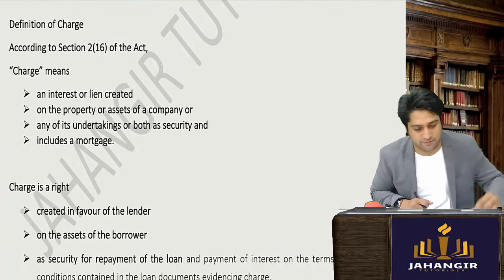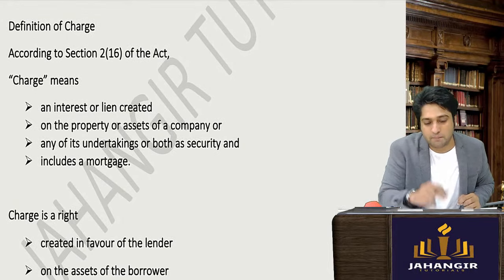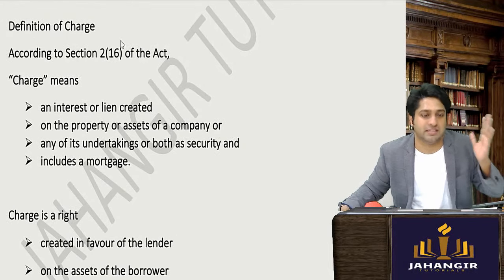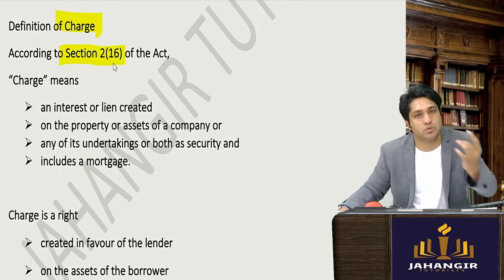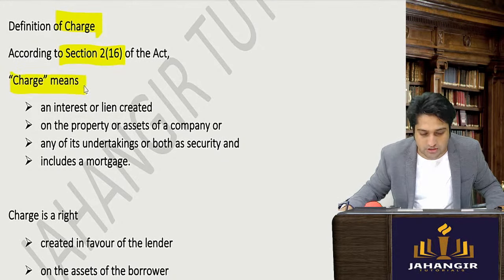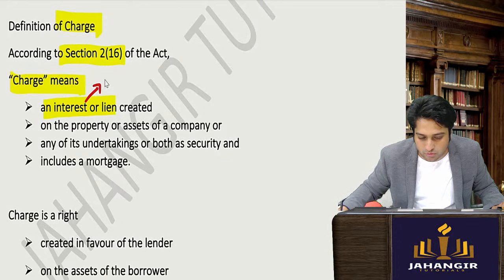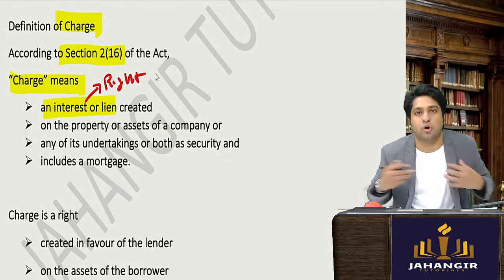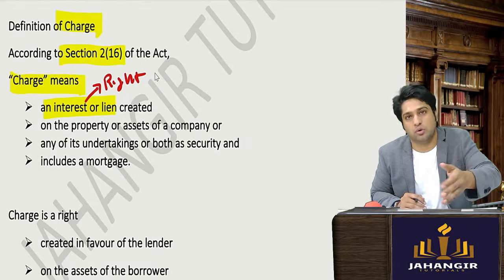Now, so this is nothing but like a mortgage. Now let's go to the definition. This has to be quoted by every single one of y'all in the exam. The definition is given under section 2 subsection 16. Charge means an interest or a lien created. Now interest means what I told you. We create a right. The borrower gives the right to the lender that if I don't repay the loan, you sell it off.